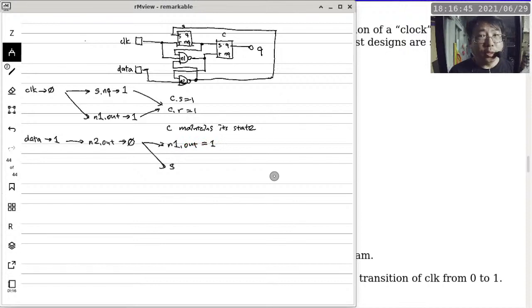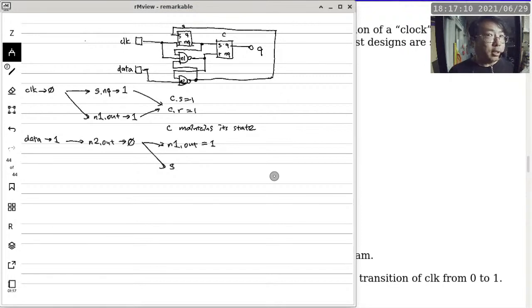I'm going to use an equal symbol here to emphasize that it is not changing to a 1, it is just maintaining. Now if it's maintaining, that means we don't have to follow after N1.out anymore because it is not changing. N1.out is being maintained.